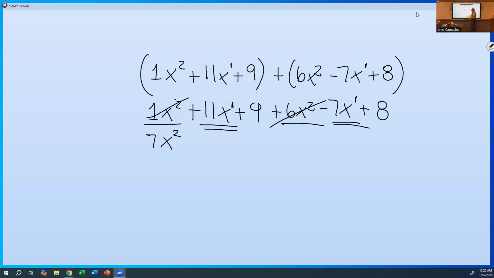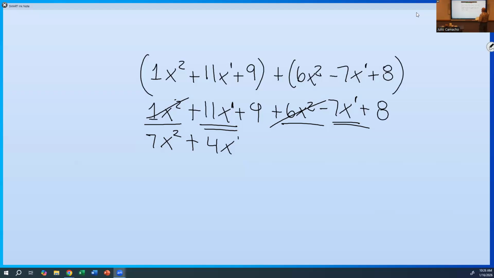When you add and subtract two numbers, you always carry the sign of the greatest number. Who is greater, 11 or 7? 11. So the answer will be positive. And now you subtract normally. 11 minus 7 is 4. You have 4x to the first power.